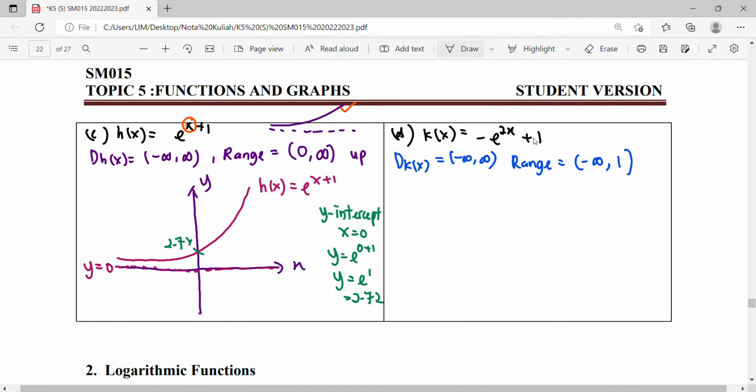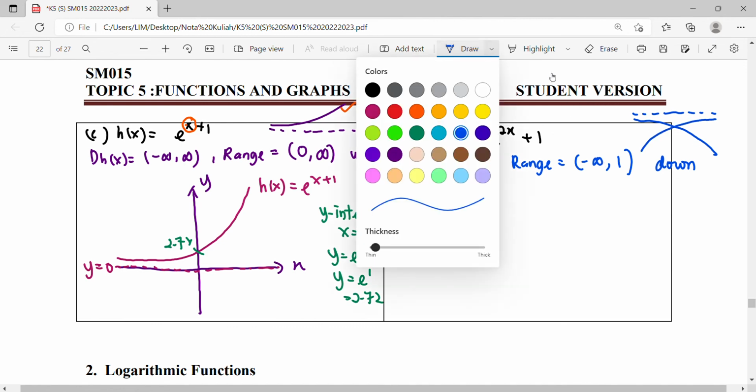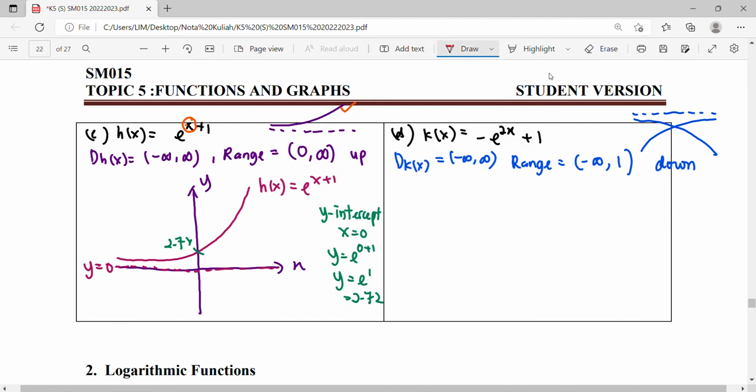From here, we identify whether your exponential shoots up or shoots down. So negative infinity means this is downward. So your exponential here is going downward, whether to the left or to the right depends on our power here. Notice that our power here has a positive coefficient, which means it will go to the right.